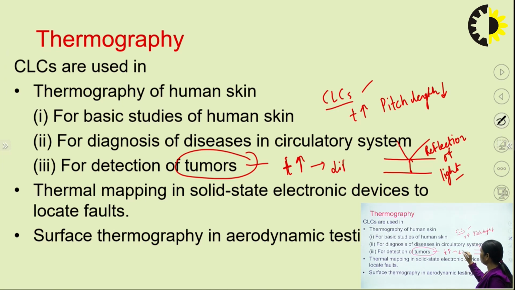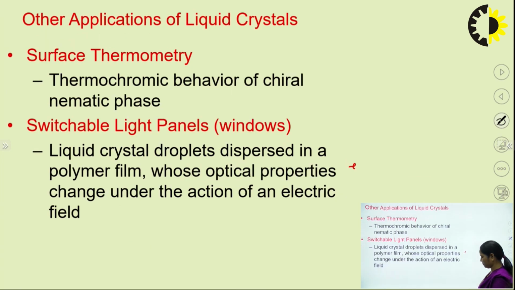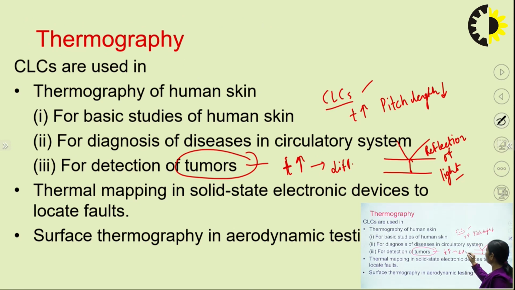The part of the body where the tumor is there, due to generated heat, the temperature increases, the pitch length changes, and it can be seen in a different color. So we can detect tumor in the body with the help of cholesteric liquid crystal.